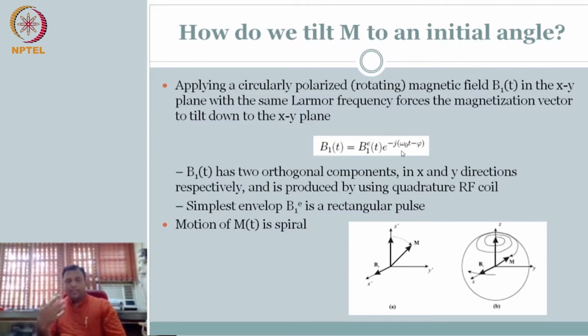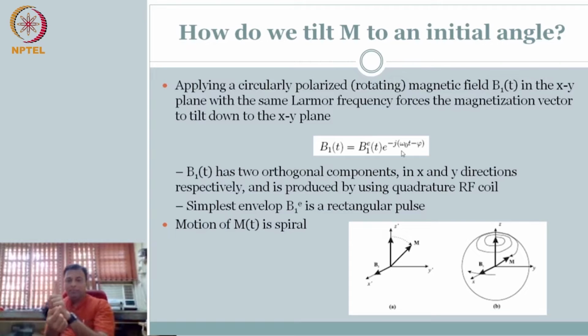So as a thought experiment, just to make yourself comfortable, what did we say? Initially, when we applied a static magnetic field in the Z direction, the precession was around the Z direction. That is, your magnetization vector started to precess around the Z direction. Now, if you look at Z dash, right?